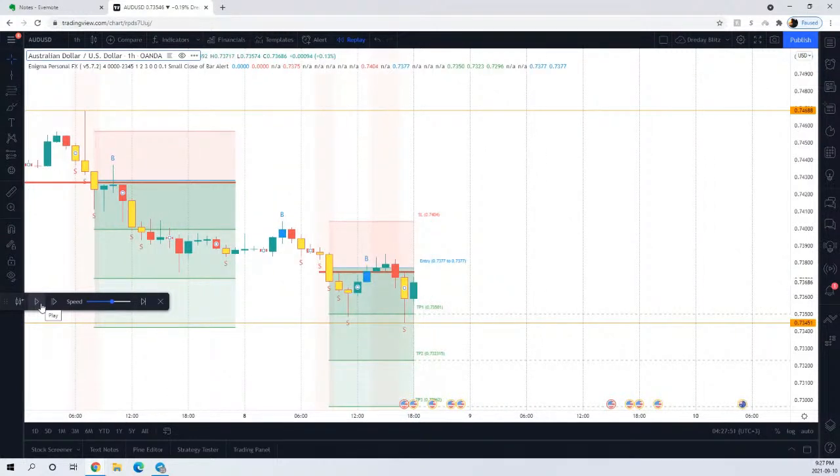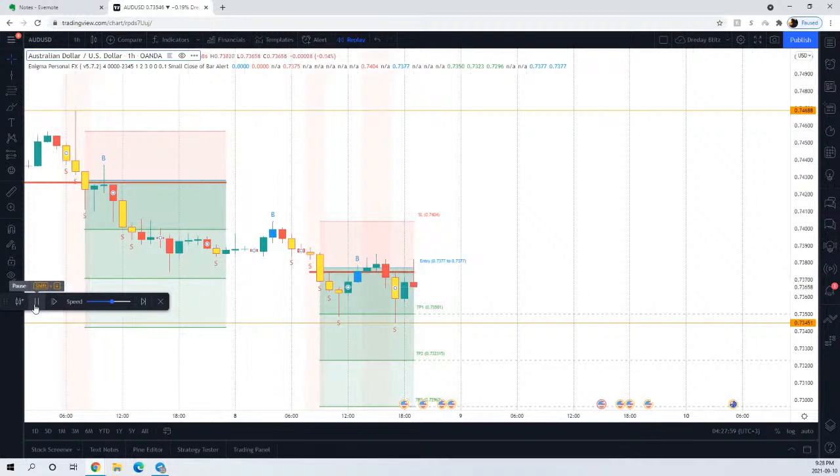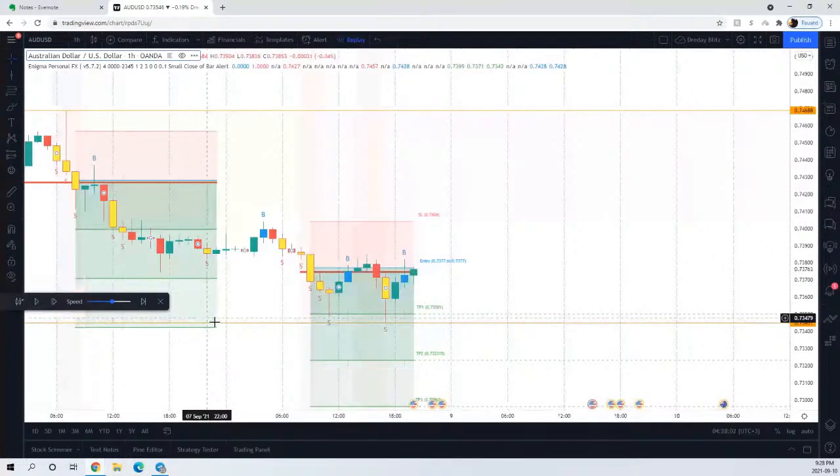Here you go. So TP1 hit. And TP3 was hit. Almost. Let's continue.